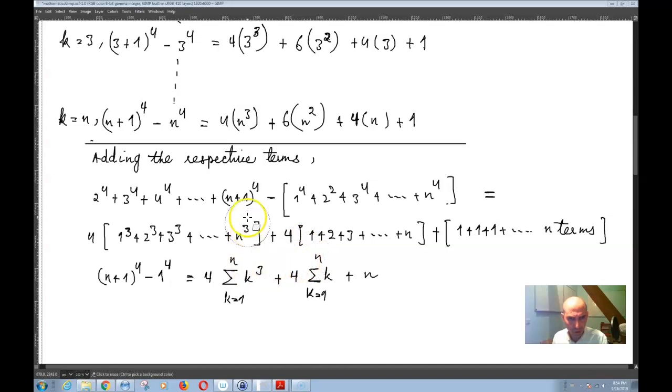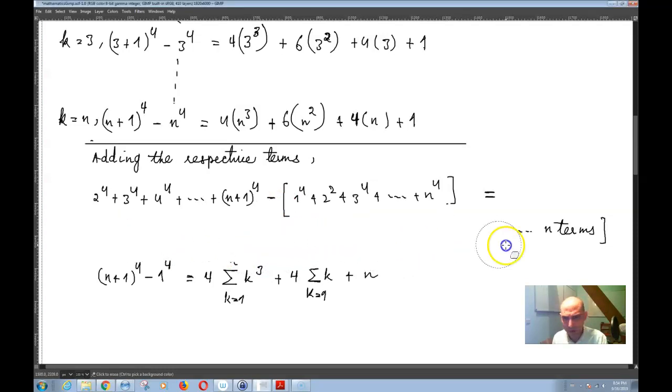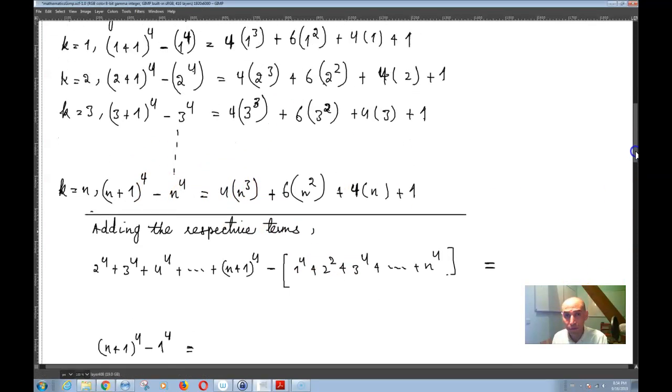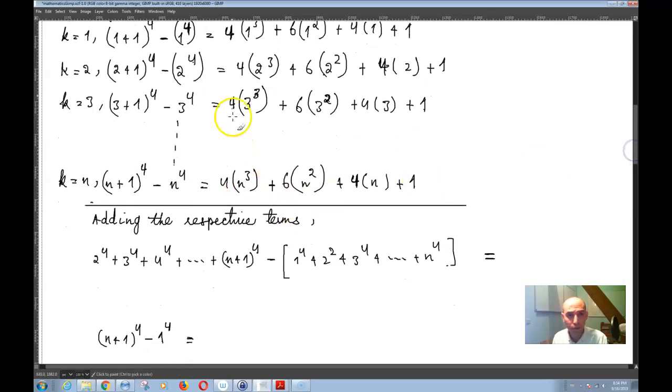So I leave the other side as it is, and I will have to make some changes here. So you see over here, what I have on the other side of the equation is 4 times 1 cube, 2 cube, 3 cube, all the way up to n cube.